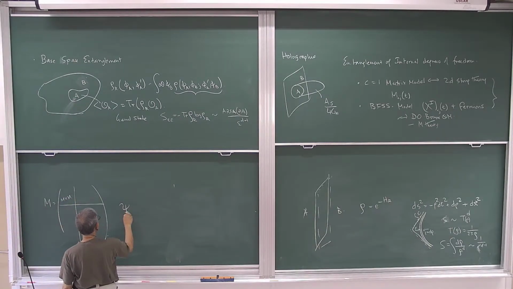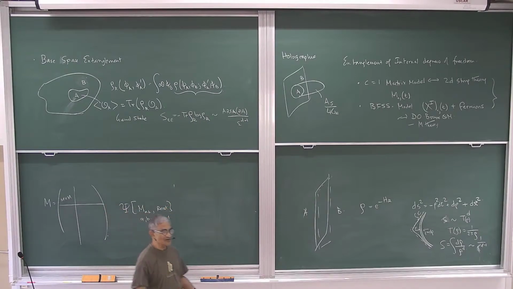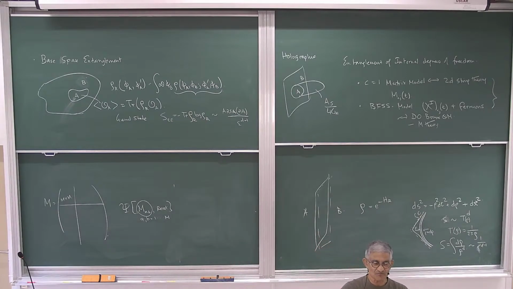Namely, I have a wave function, which is a function of the block and the rest, with indices a, b from 1 to m, and any kind of operators which you make out of these things. I'll start with the full wave function, integrate over the rest, obtain a reduced density matrix, and that reduced density matrix will give you this.